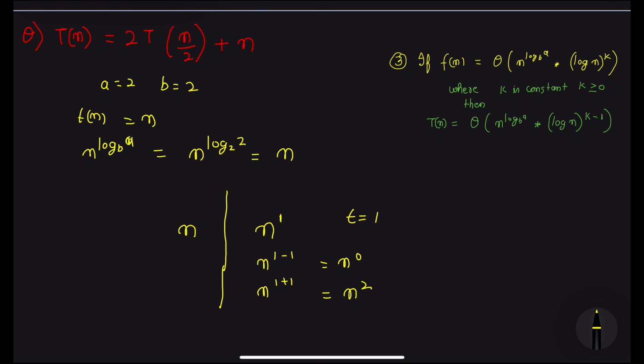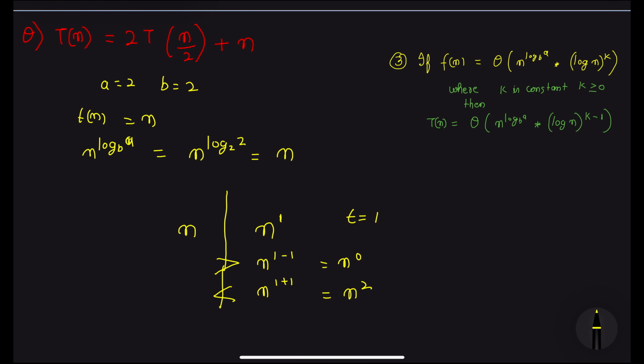Here n^0 is smaller than n, and n^2 is greater than n. So one time it is satisfying big O, and one time it is satisfying omega. So it does not satisfy either condition 1 or condition 2.